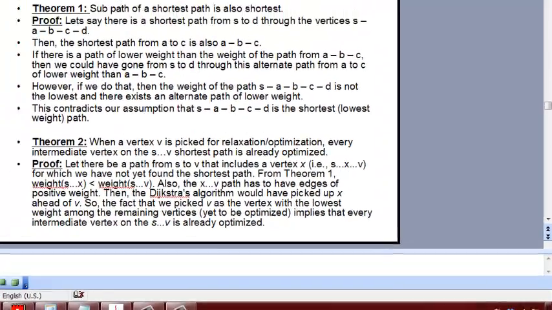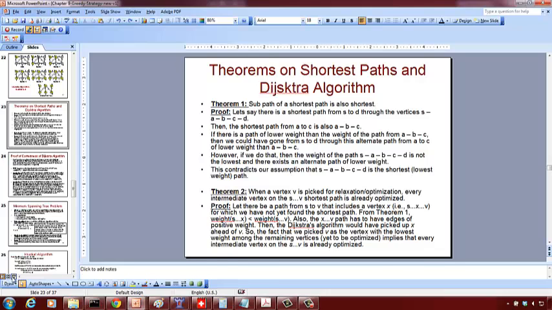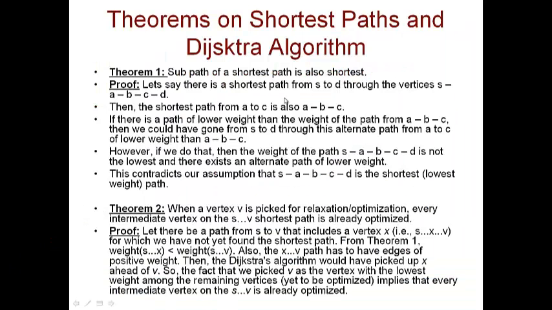So how do we prove that? How do we prove the subpath of a shortest path is also a shortest path? Let's say we have a path from S to D, which is given by S, A, B, C, D, right?